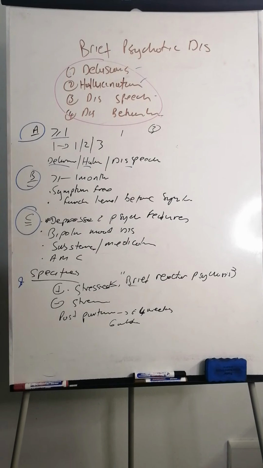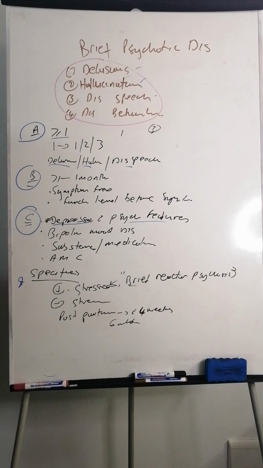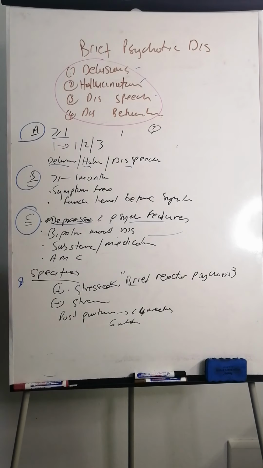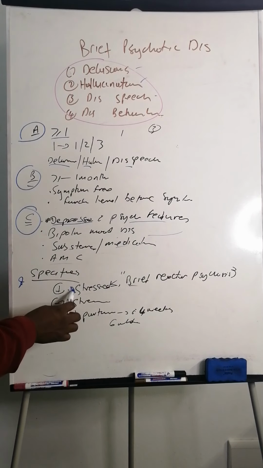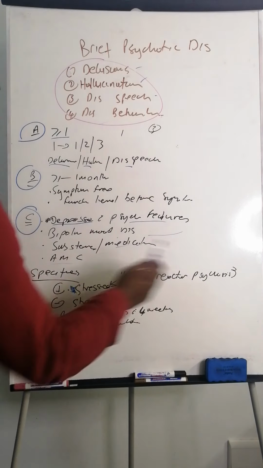Criterion C states that these symptoms must not be due to a depressive disorder with psychotic features. They must not be due to a bipolar mood disorder with psychotic features. They must not be due to a substance. They must not be due to medication. They must not be due to another medical condition. And you must specify if there are recent stressors that would have pushed the patient into a brief psychotic disorder.